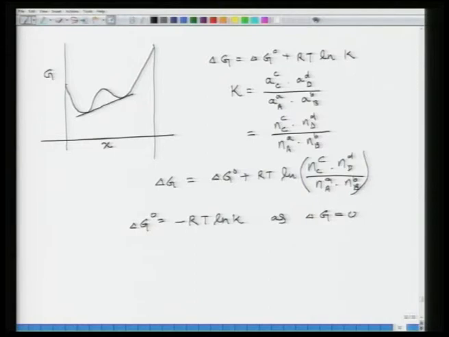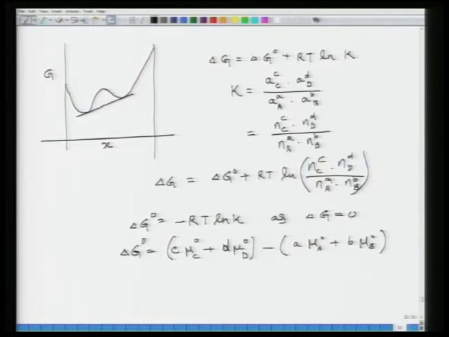delta G is equal to 0, and the delta G naught expression is basically mu C naught plus mu D naught minus, same as the free energy change for a reaction. We have a delta G naught, which is the free energy change in the standard state, equal to a mu A naught plus b mu B naught. Okay.